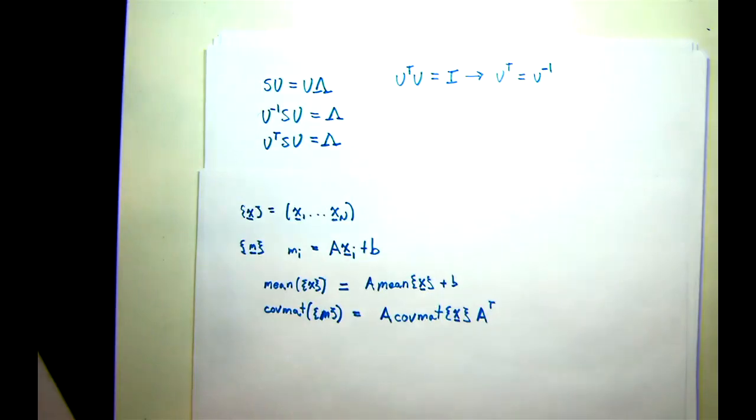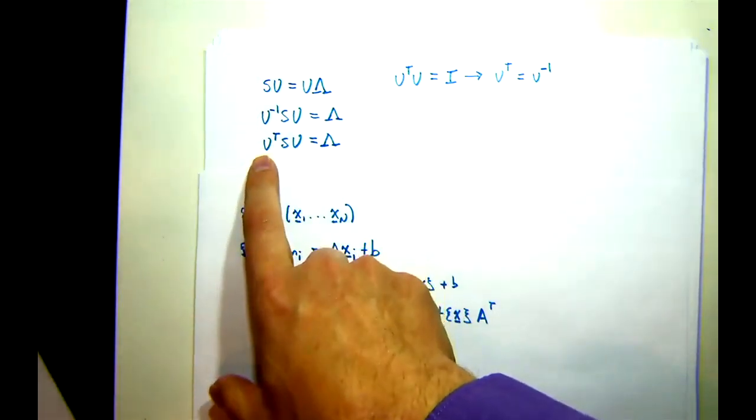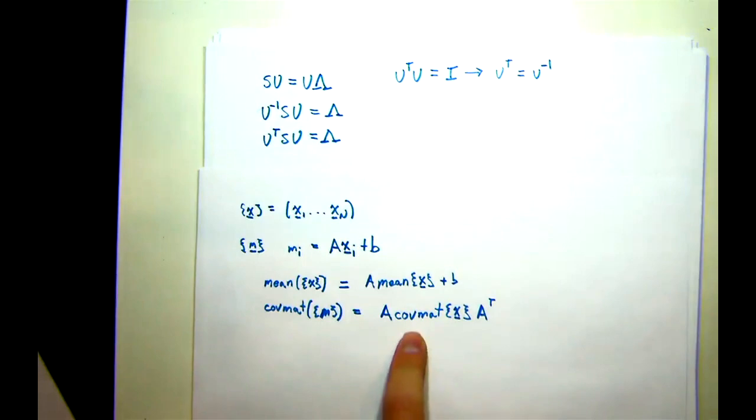So if we can calculate this U, we can apply the transformation U transpose just by looking at how this works out. And that's what we're going to end up doing. I'm not sure why all my stuff's out of order here today. We're going to end up applying a, here we go.